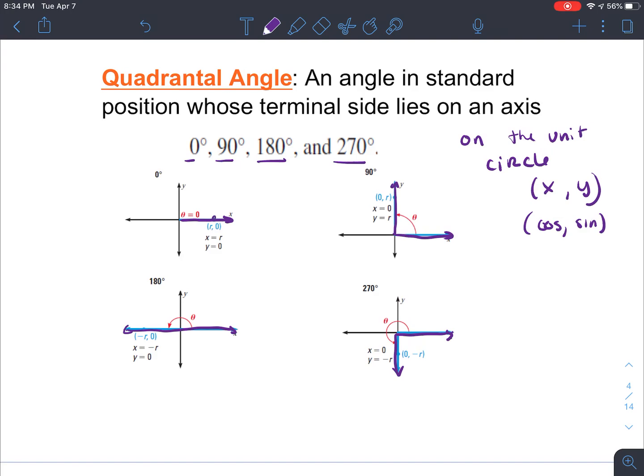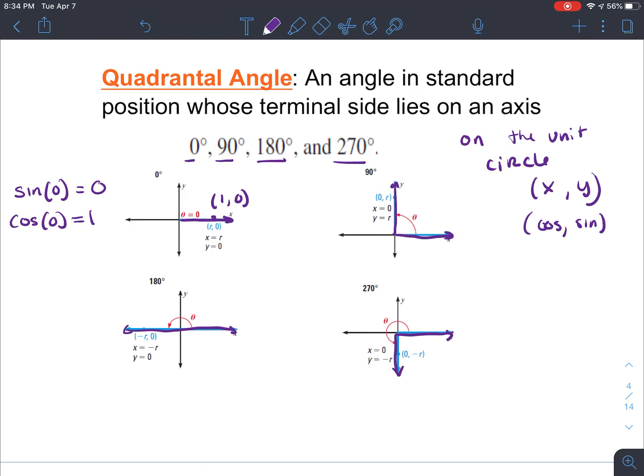So if we're looking at the angle 0, and we have a radius in this case of 1, we know we're going to hit this axis at 1 comma 0. So what does that mean about sine of 0 and cosine of 0? Well, sine is equal to my y, and cosine is equal to 1.